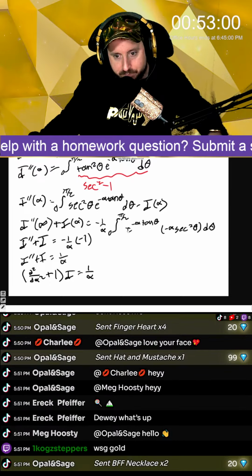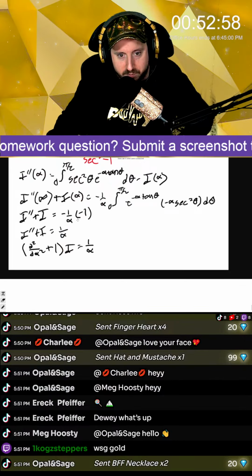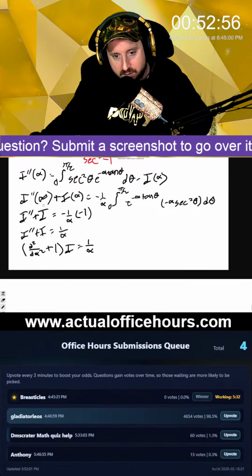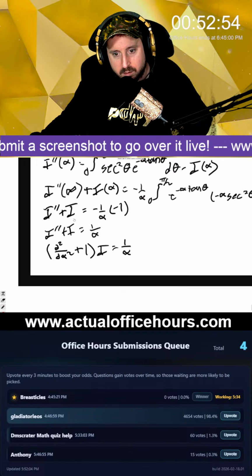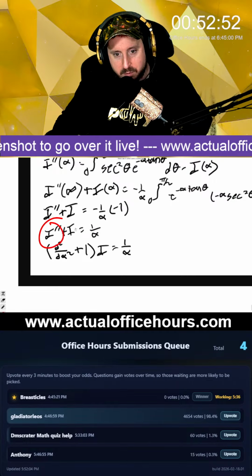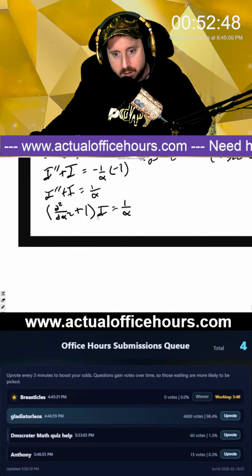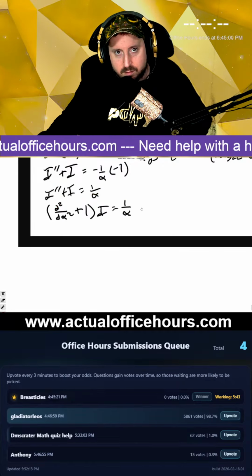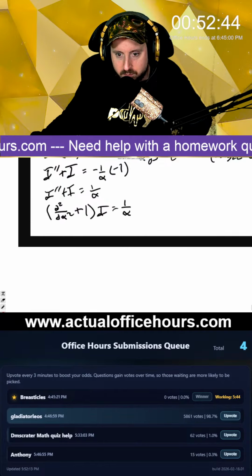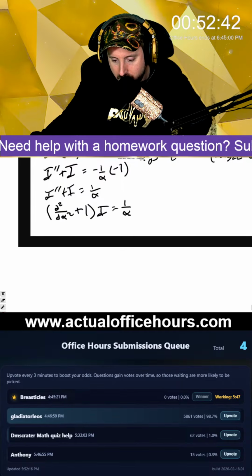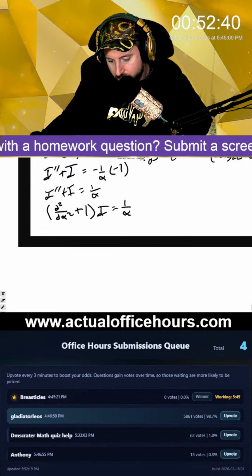Okay, cool. I will trust up to this. Great. Okay, so then you have I double prime plus I is equal to 1 over alpha. So then this is a differential equation. Very cool.